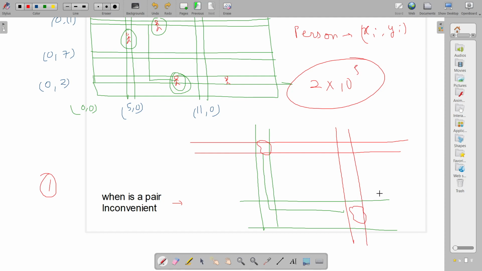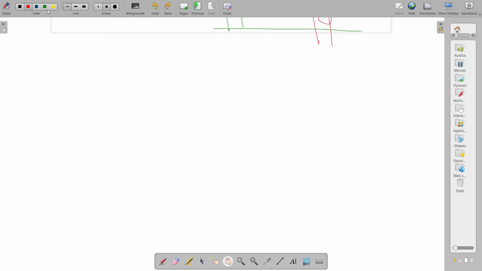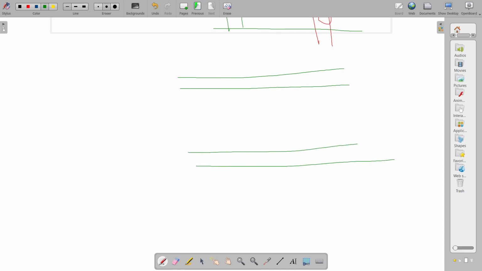That leaves the other case, that both of them are on the same type of street. So this guy is here and the other guy, of course, is not going to be on the same horizontal street, or the same vertical street, because in that case the Manhattan distance is the same as the shortest distance.